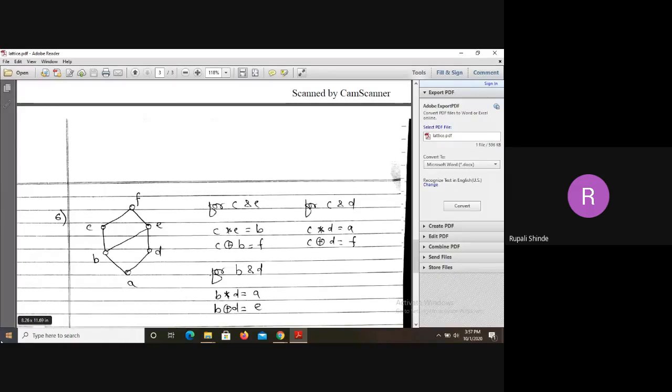CE, CD and BD. For these two elements CE, what is the greatest lower bound? Again you have to check. These two points C and E are meeting at the lowest point and that point is D.